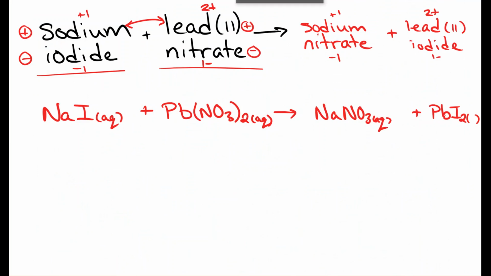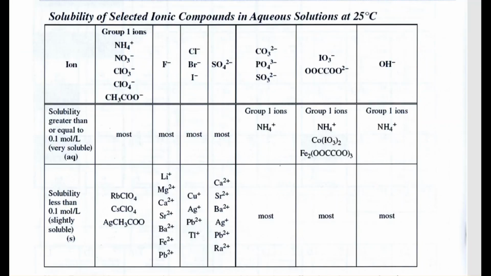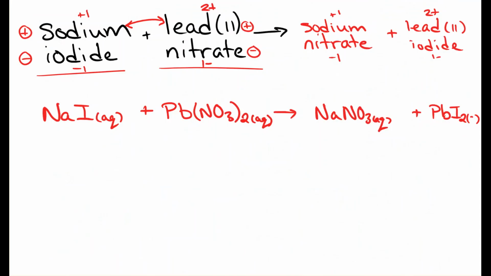Now let's do lead 2 iodide. We'll look for iodide here. Look down, and I do see lead 2+. Lead 2+ and iodide, whenever they're together, will make a precipitate in water. So here we're going to write solid.